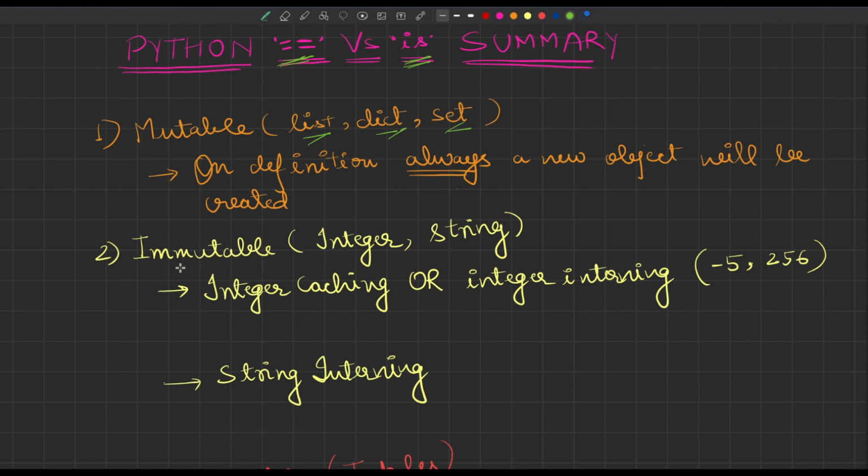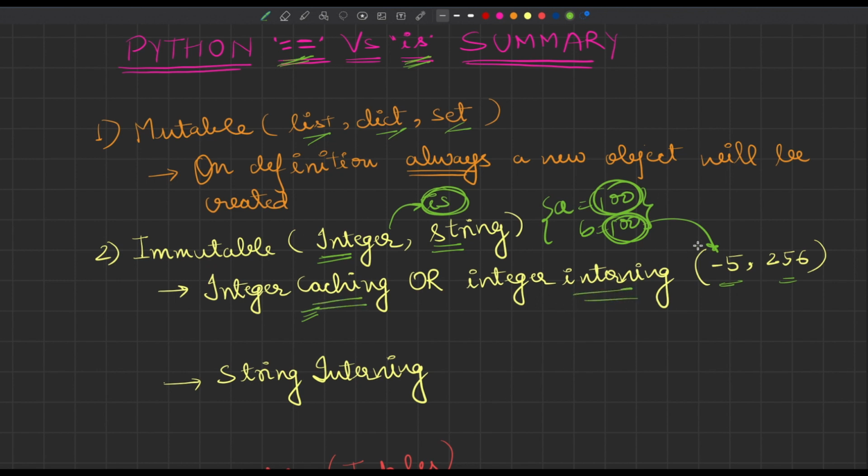The problem occurs when we use the immutable types, especially integers and strings, with the is operator. Let's say we are specifically talking about integer caching. A equals 100 and B equals 100. This 100 falls in this range, so Python is going to apply a memory optimization technique, which is also called integer caching or integer interning. According to it, if you define A equals 100, Python will already have a pre-created object for 100.